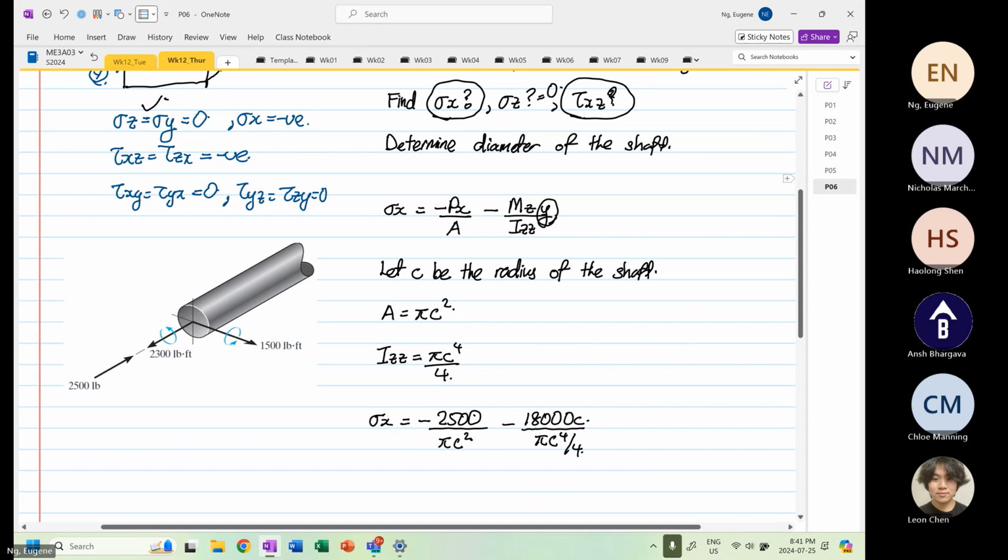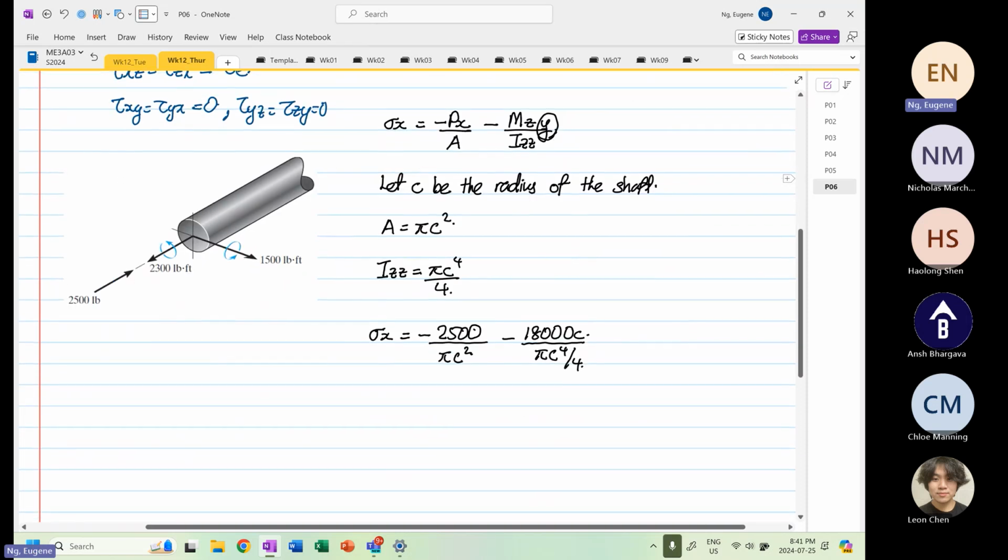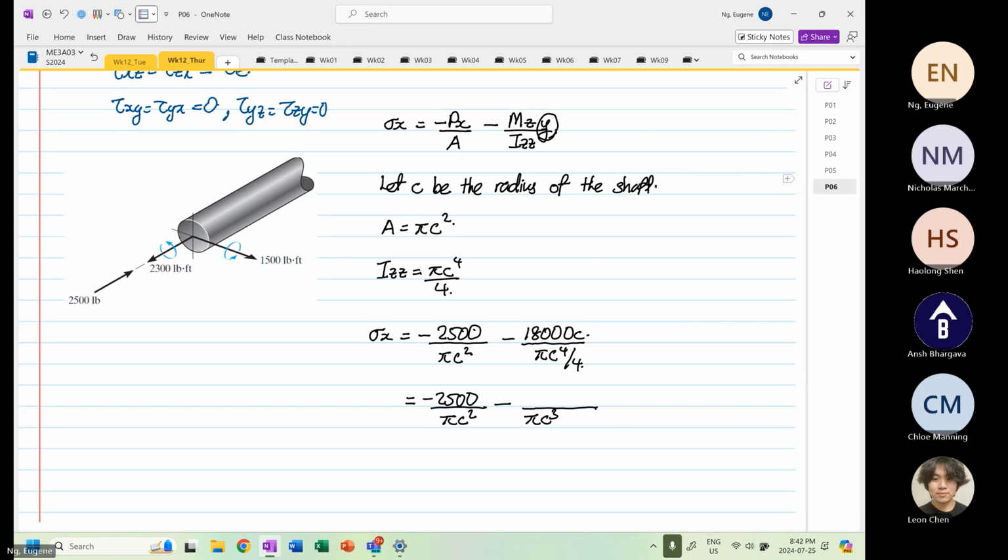From here we can simplify this expression. This is equal to minus 2500 over pi c squared, and then minus, we can cancel the c, so this is pi c cubed, and then we have 18, which is 72,000.